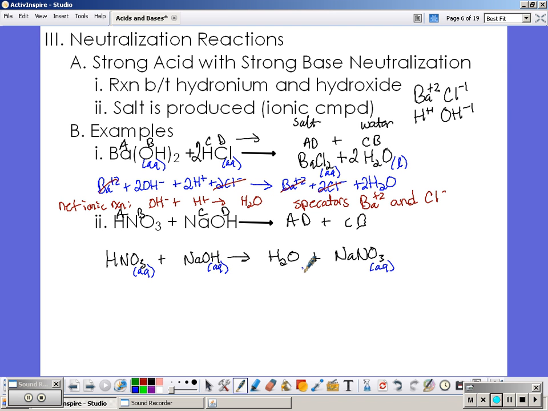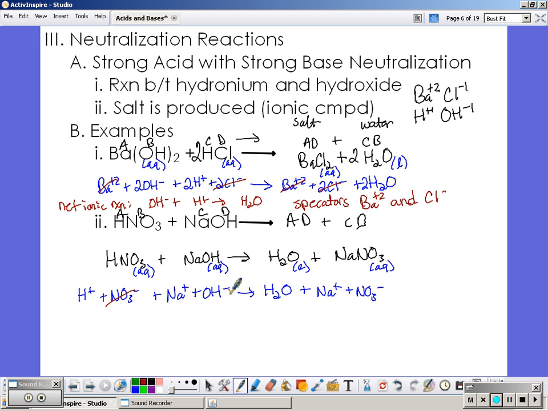So if I was to break up my ions, H plus, NO3 minus, Na plus, OH minus, water stays together because it's a liquid, Na plus, NO3 minus. Cancel out what's identical, NO3 minus and Na plus.